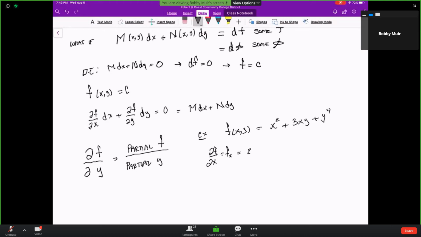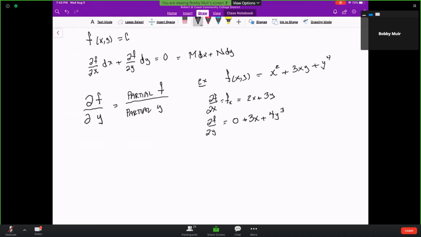So 2x plus 3y. Partial f partial y is going to equal 0 plus 3x plus 4y cubed.